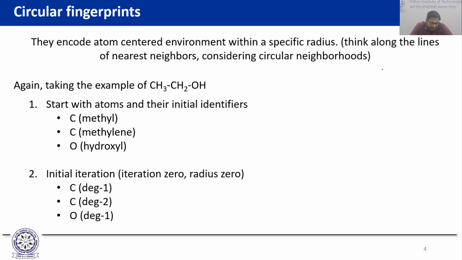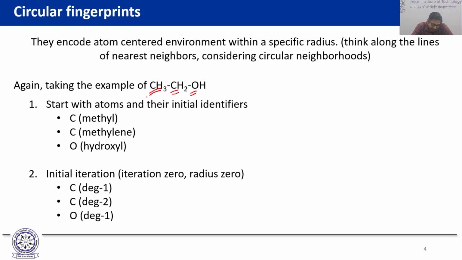Let's take the example of something as simple as ethanol. If you look at ethanol, let us initially start with what atoms are there and what their identifiers are. Here we will continue with the practice of not mentioning the hydrogen atoms. We will simply talk about all of the other elements which are present, and the assumption, of course, is that in order to fulfill the bonds, the balance would come from hydrogen.